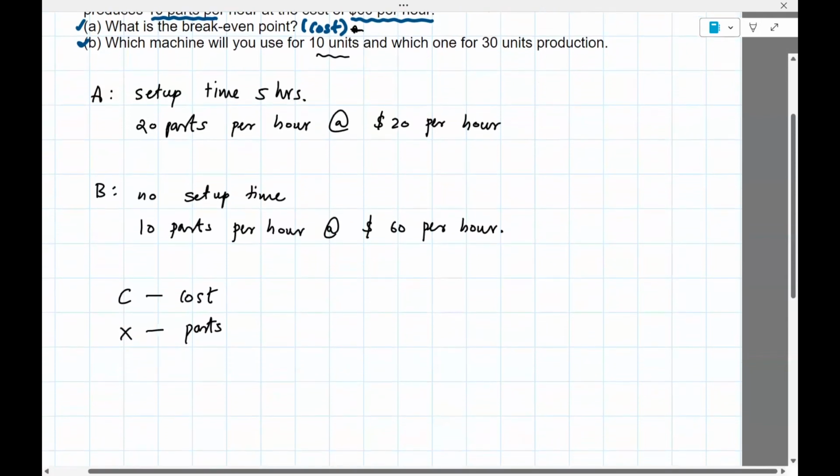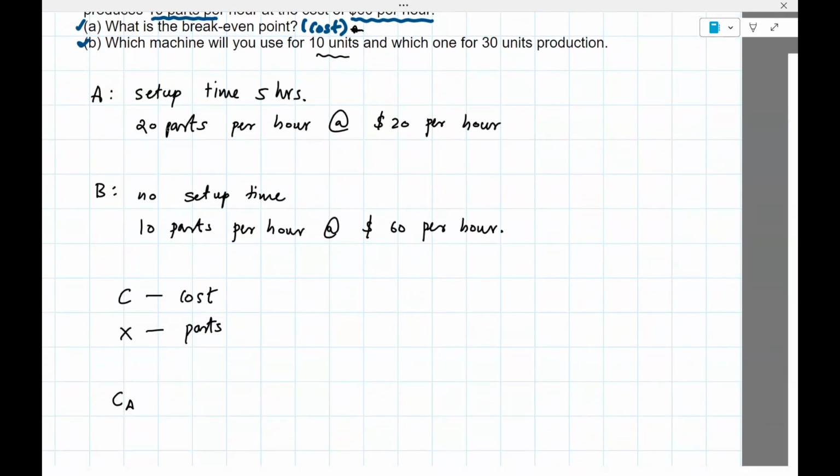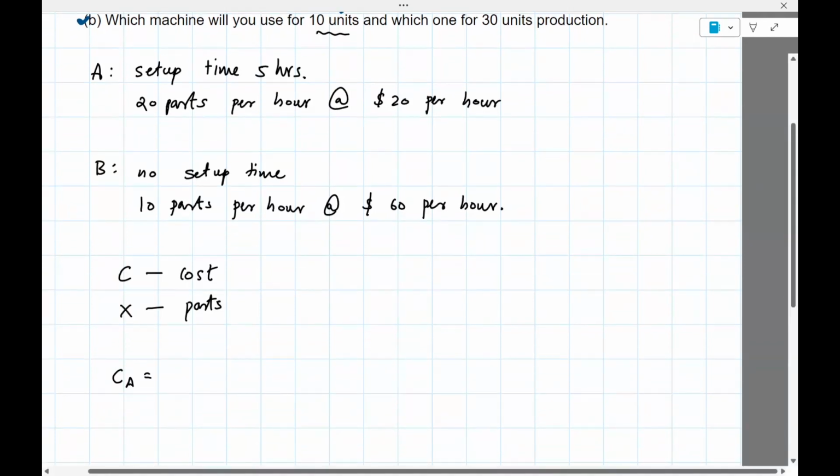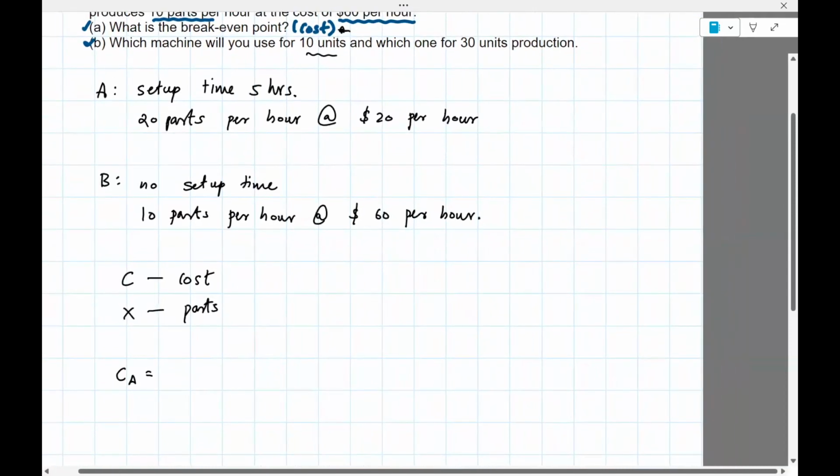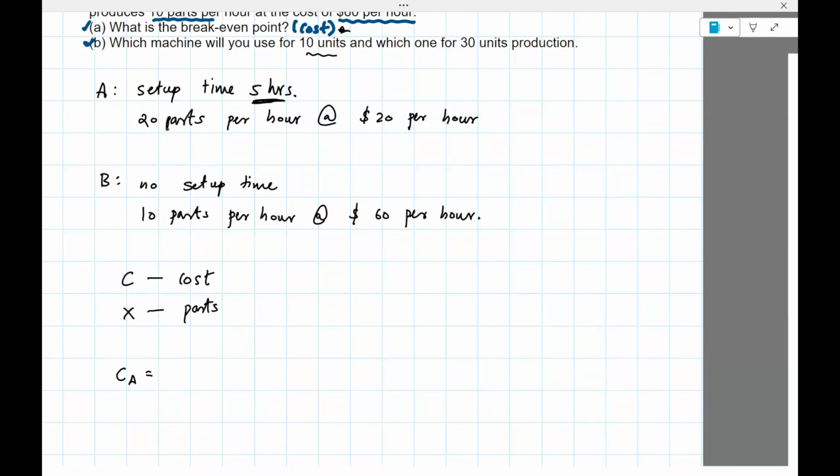So let's look at the cost of A. The cost of producing parts with A: there's a 5-hour setup time. It's like a dead time. You can do nothing with those 5 hours, but in 5 hours you could have produced 20 parts, right?